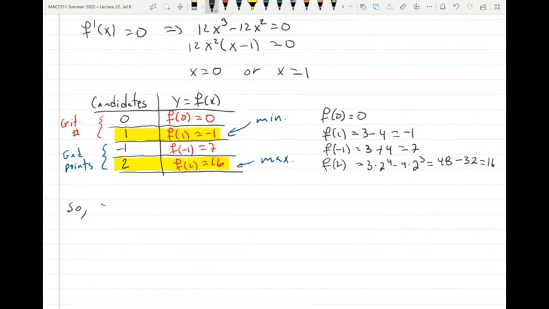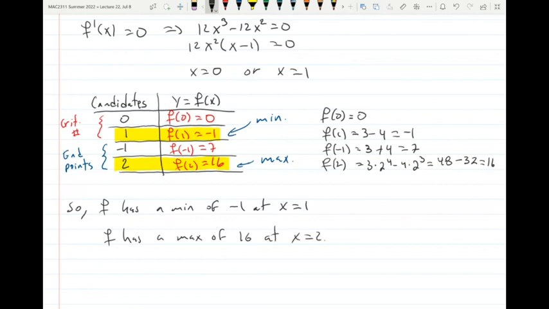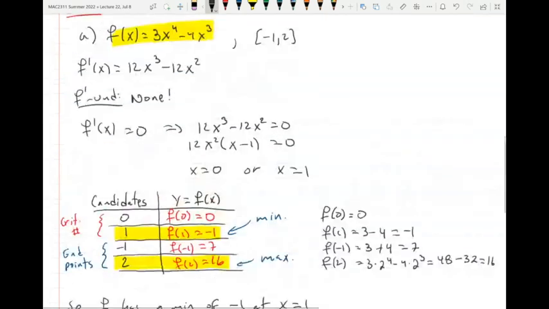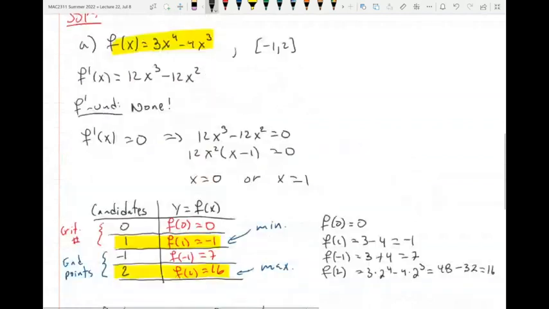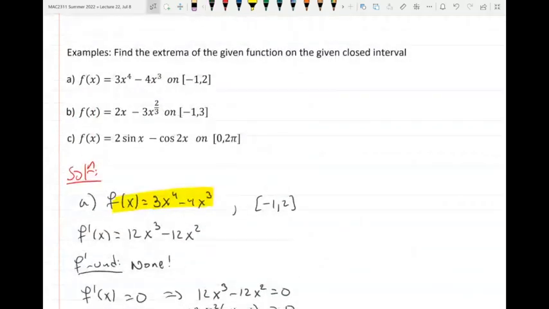So f has a minimum of negative 1 at x equals 1. F has a maximum of 16 at x equals 2. Okay? All right, so that was the first one. Let's do the next one.